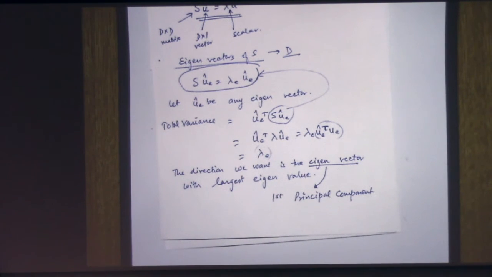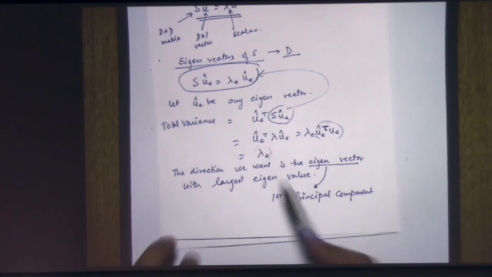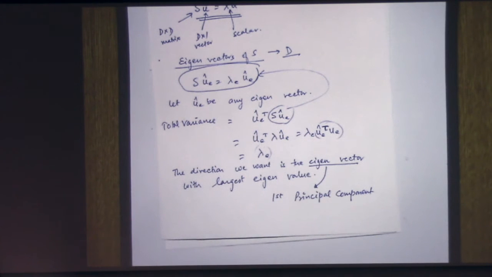Then somebody asks you, can you give me two directions? Maybe I want to embed it in two-dimensional space. Then you take the two largest values. So essentially you can take all your eigenvectors, sort them by their eigenvalues, and pick 1 or 2 or 3 to reduce the dimensionality to whatever number. Any questions so far?